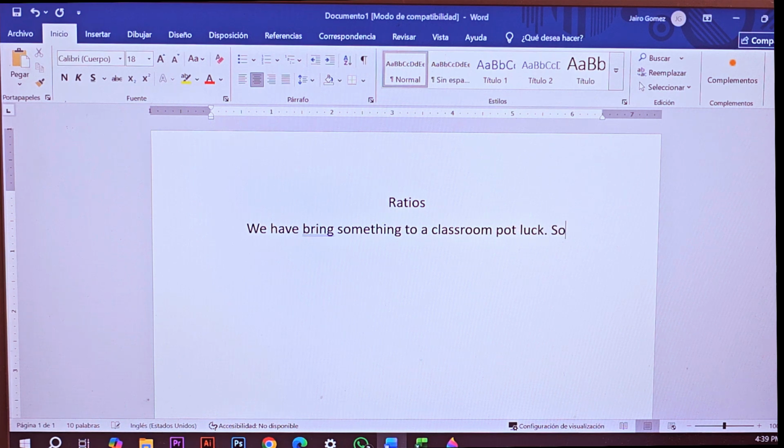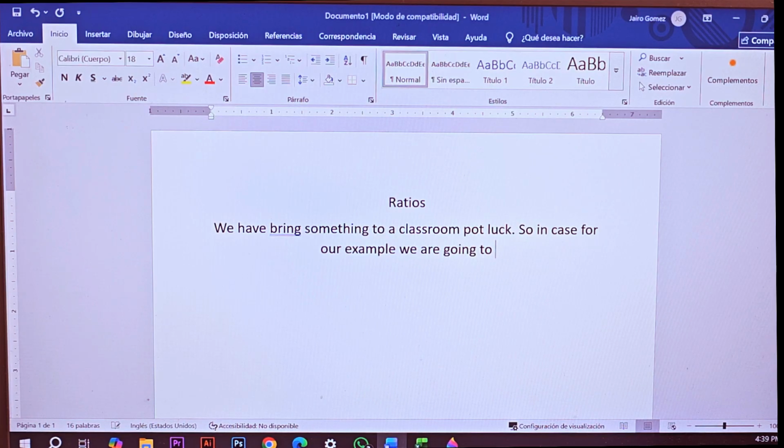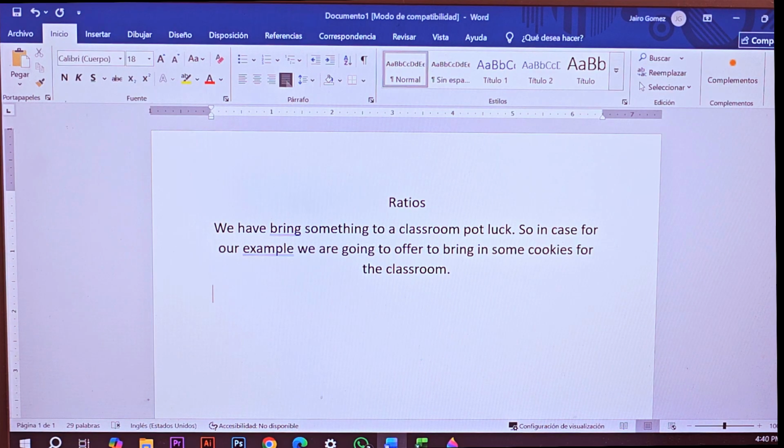So in this case, for our example, we are going to offer to bring in some cookies for the classroom. And so in this particular classroom, you have a class of 20 people with the teacher.